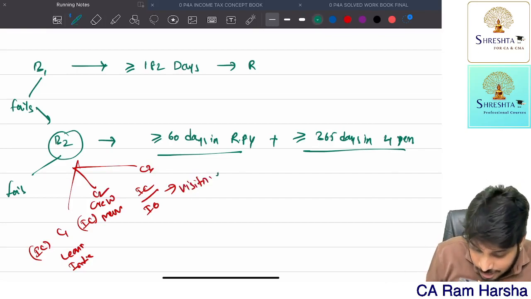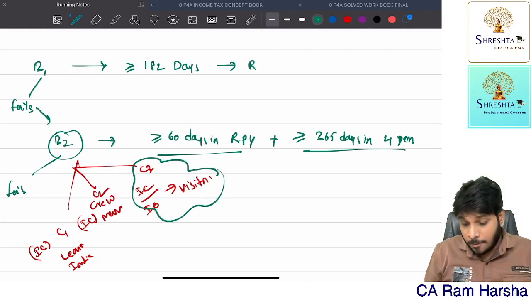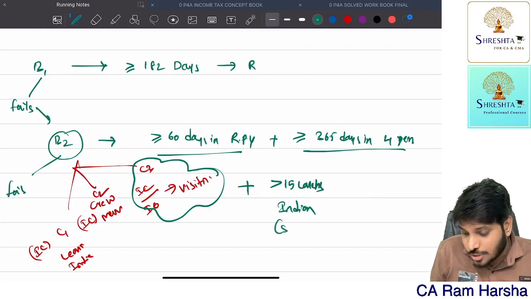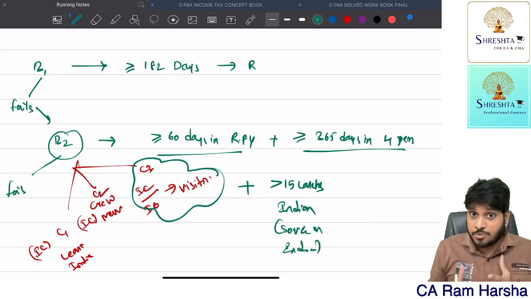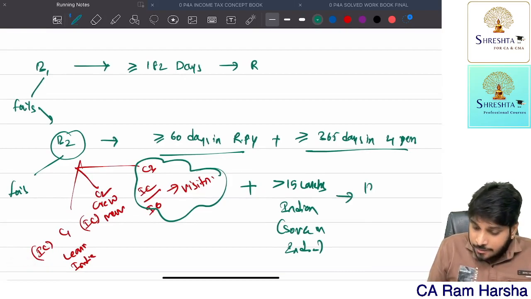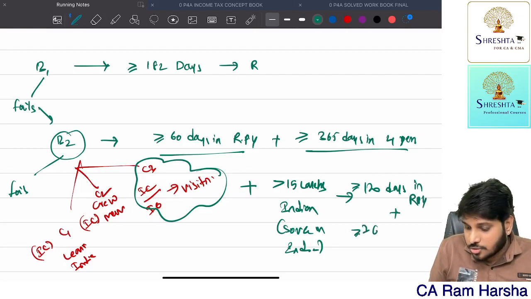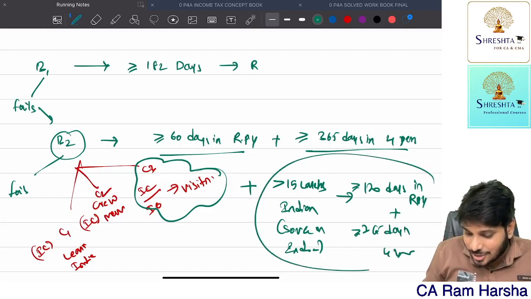But for case 3 people who have more than 15 lakhs Indian income, what is Indian income? The source is in India. These people have substantial income in India, more than 15 lakhs. For them, if they stayed more than or equal to 120 days in the relevant previous year and more than or equal to 365 days in the past 4 years, again they are treated as resident.